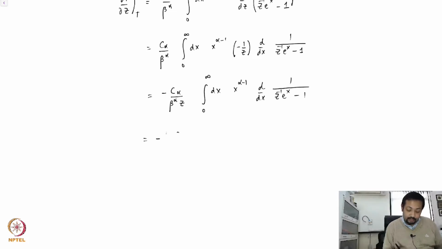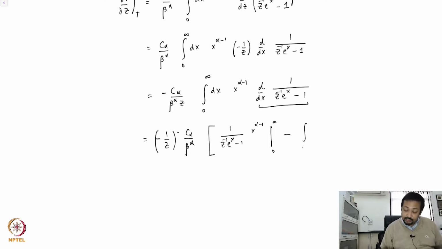So we will just separate this out as minus 1 over z C_α β^α, and then this becomes my first function, so that you have 1 over (z⁻¹ e^x - 1) x^(α-1) from 0 to infinity, minus the integration from 0 to infinity of the derivative of the second function, which is going to be (α-1) x^(α-2), and the integral of the first function, which is just going to be 1 over (z⁻¹ e^x - 1).